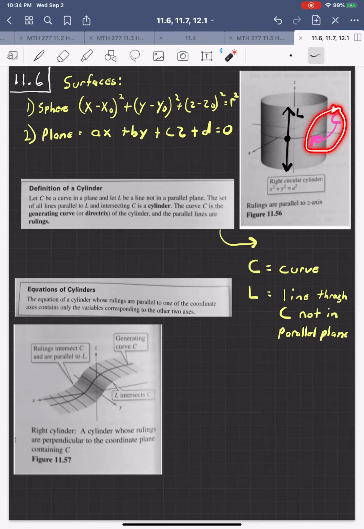And to continue here, the lines parallel to L, we call these the rulings. All right. And the last thing to take away is to take a look at your cylinder.